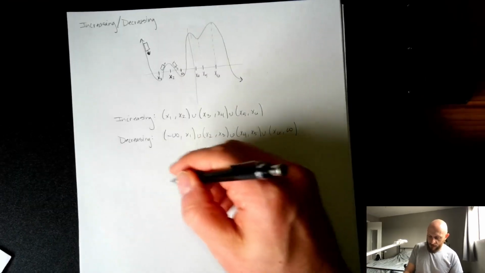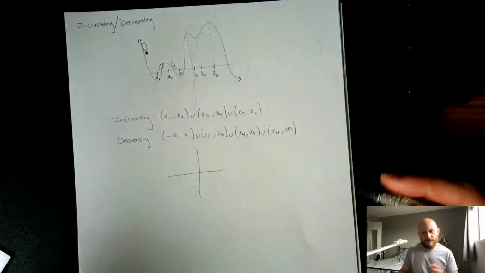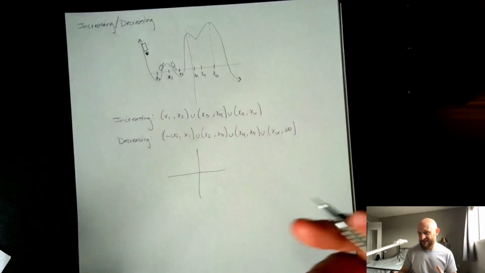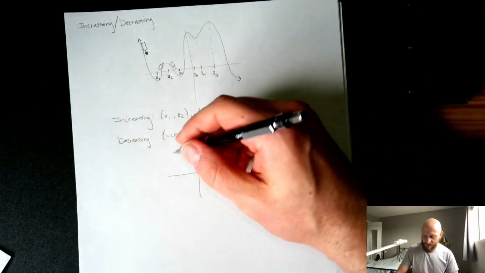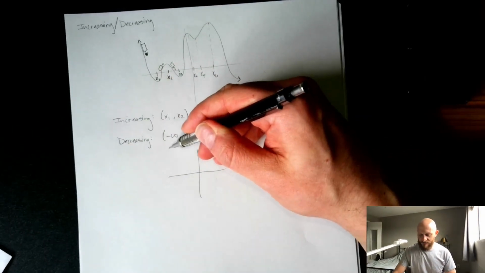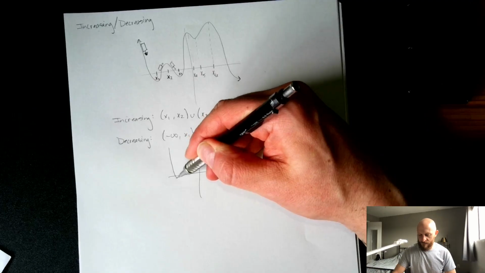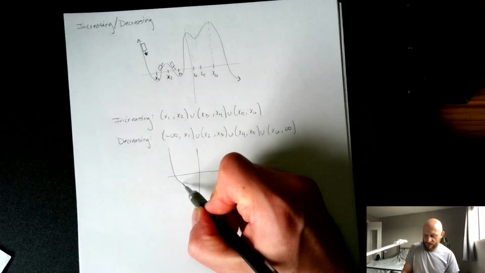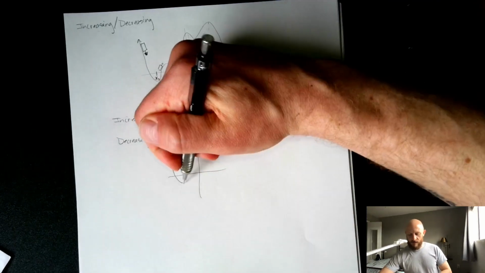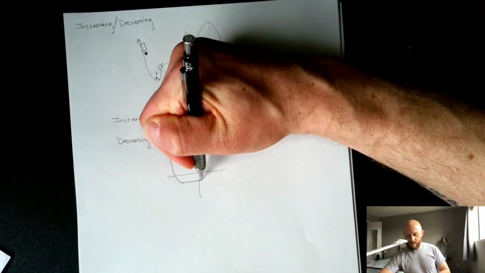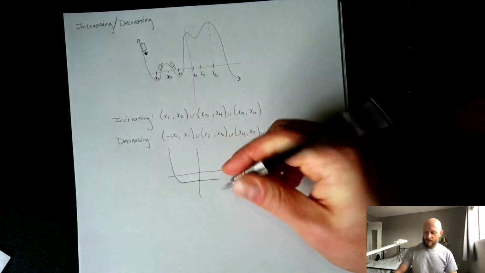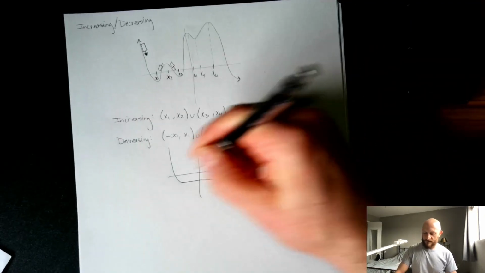Sometimes graphs might be constant for just a little bit. This would be some sort of piecewise function. Imagine we had something that comes down, and then right here at this point, it gets completely flat like this, and then maybe it starts going down again.